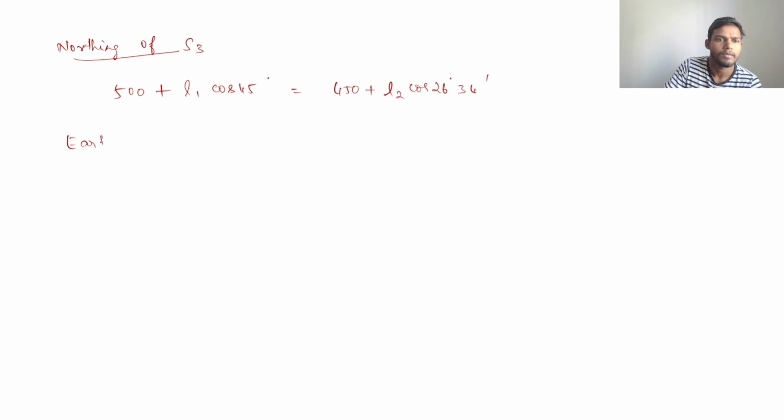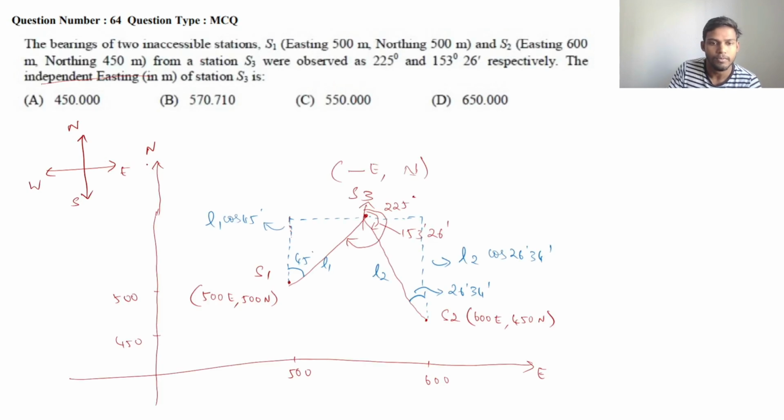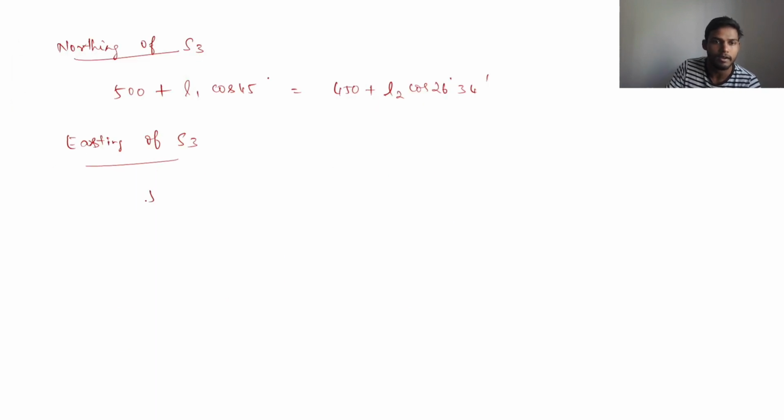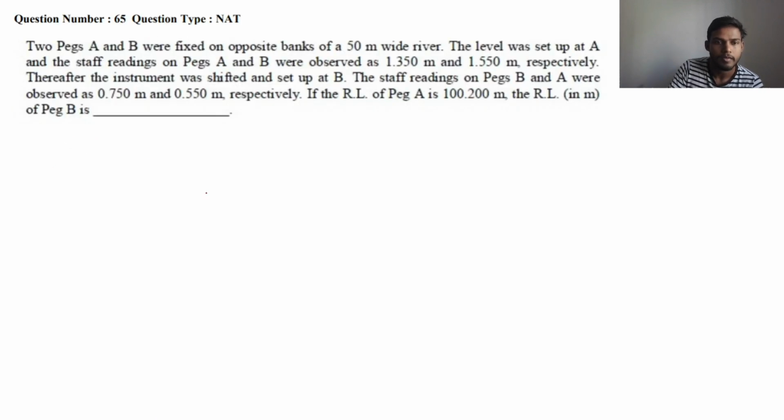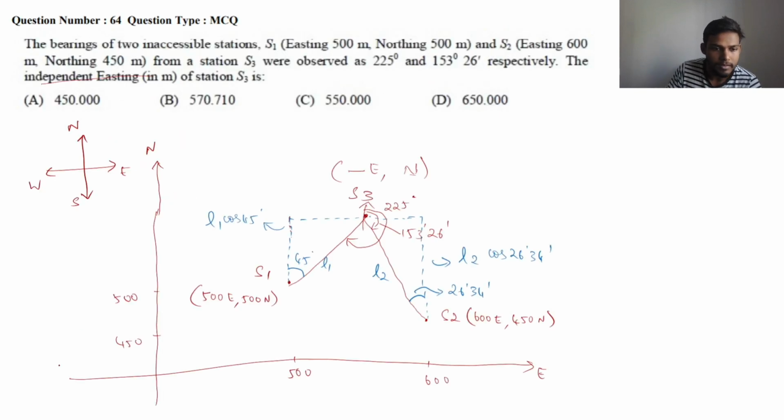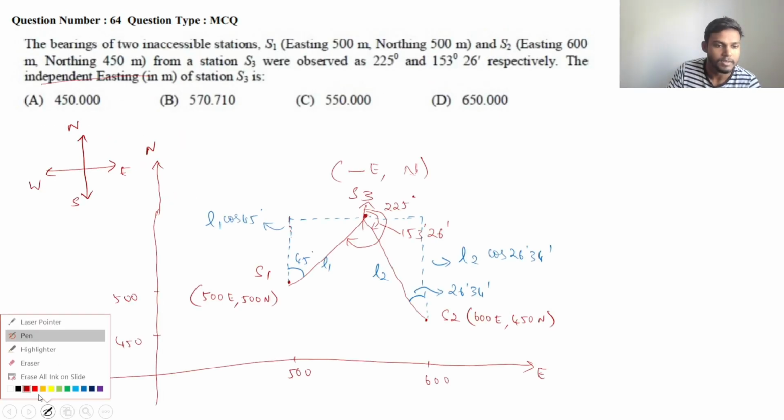Easting of S3 with respect to S1 is 500 meter plus horizontal distance.